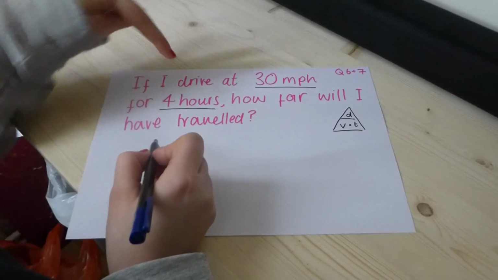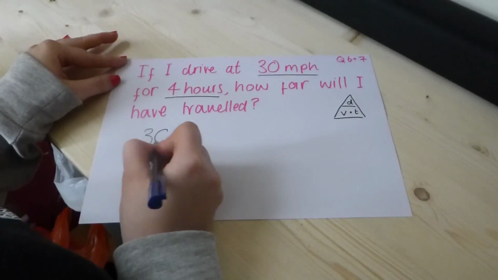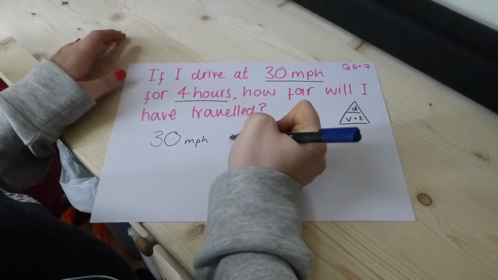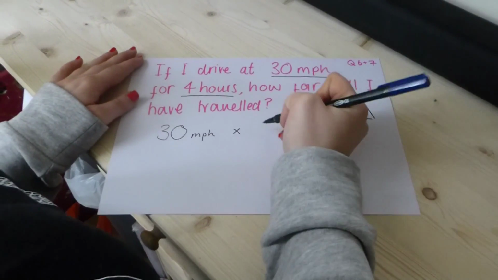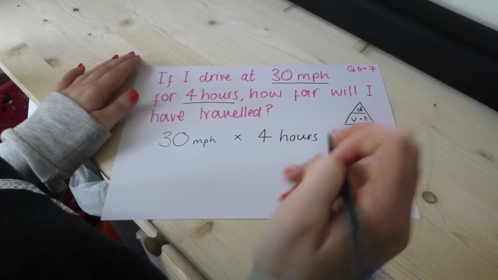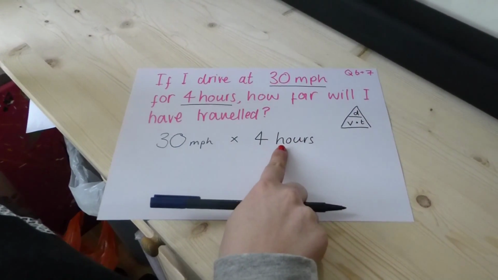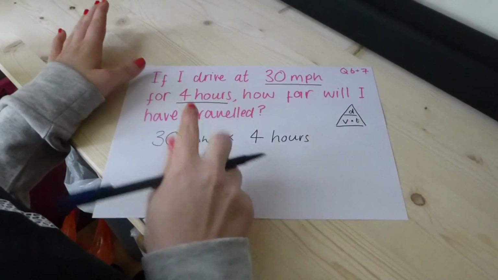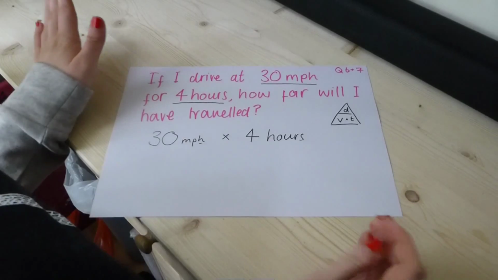I need to do the speed that I'm driving, that's 30 miles per hour. Remember mph means miles per hour, multiplied by the time, which is 4 hours. Now, if this time was given in a different units to hours, we would have to change it into hours. But it's okay because we've got hours here and hours here, so that's okay.